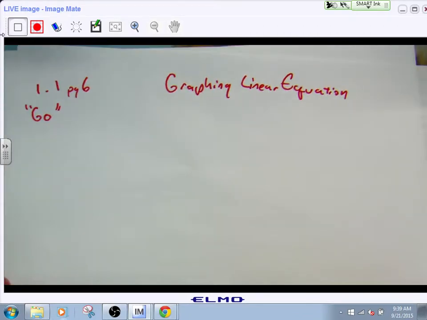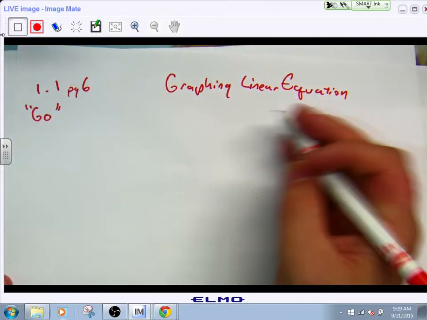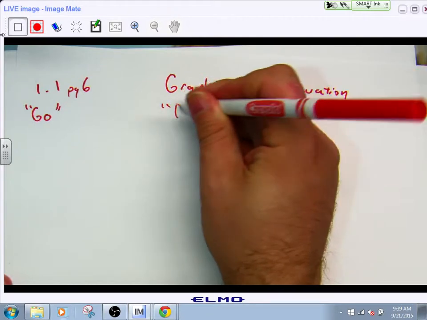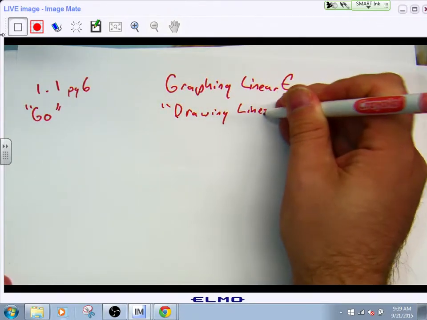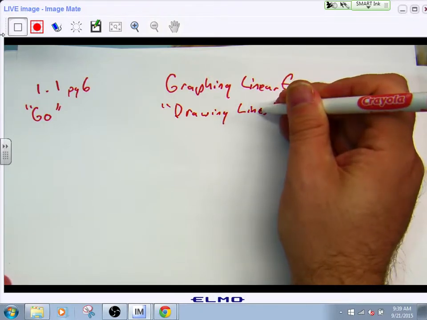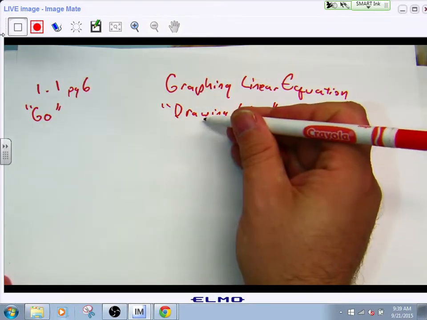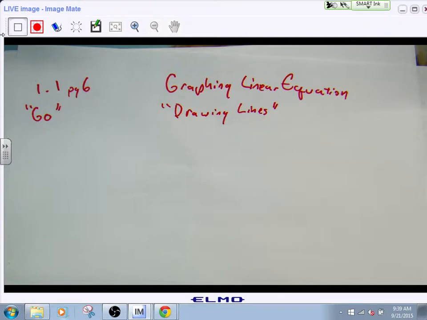Graphing linear equations is just a fancy way of saying drawing lines. Linear means line, graphing means drawing. We're pretty much just going back to graphing.